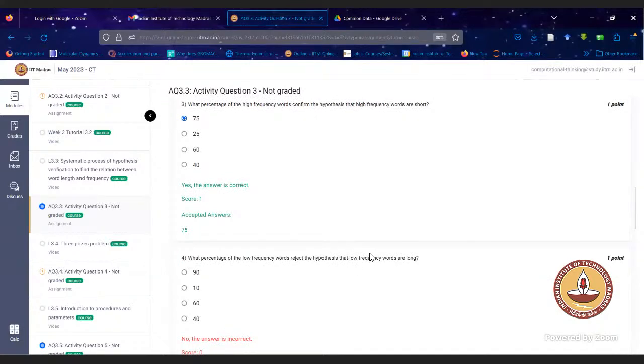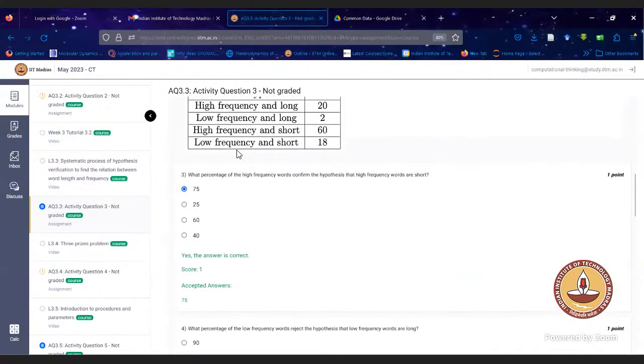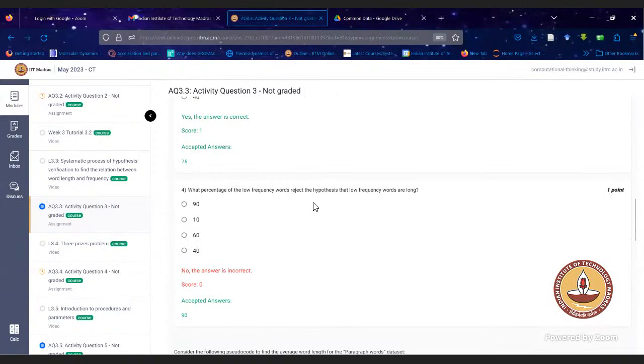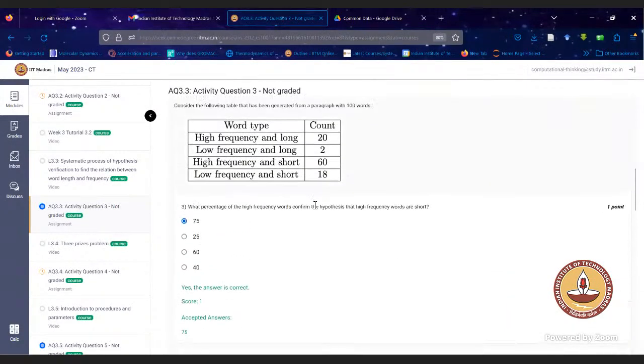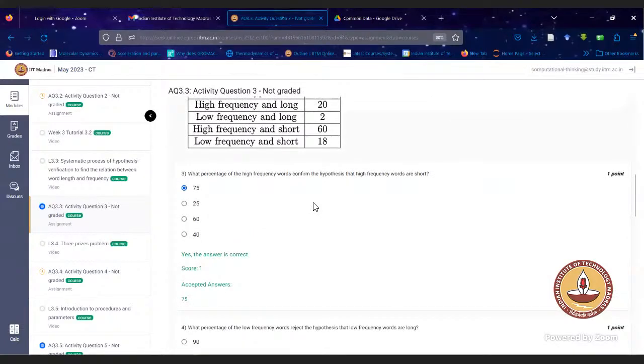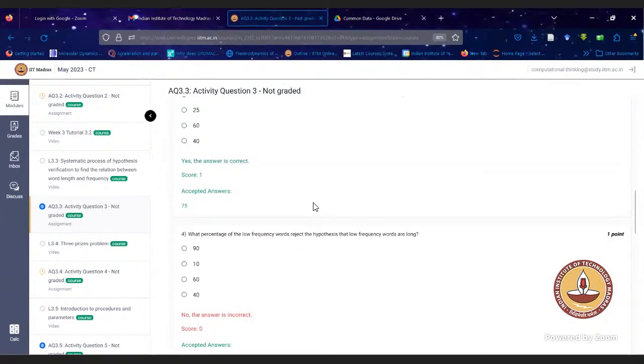So you need low frequency words and long, right? So what do you not need? Long, sir. 20, sir. Total 20. So out of that, 18 is... Your voice is breaking actually.